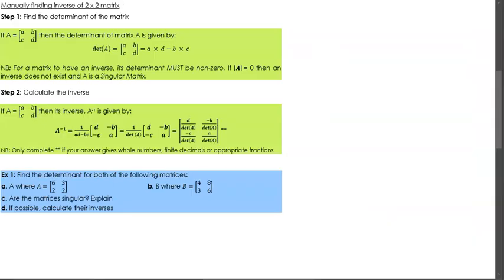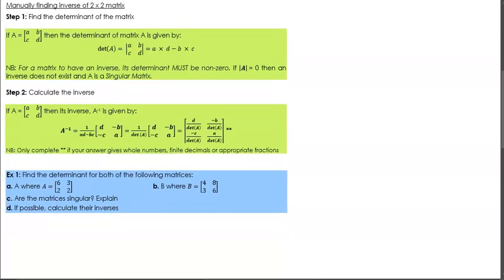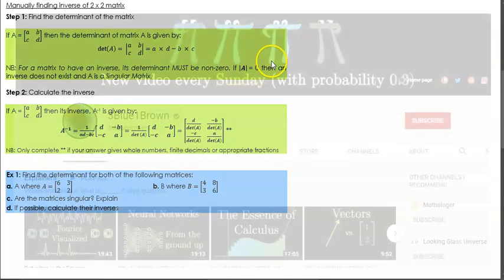So we're going to now manually find the inverse of a 2 by 2 matrix. Just make sure this is in line. All right. So step one is to find the determinant of the matrix. Now a determinant has many functionalities and uses. Again, there's not enough time to show you. There's a plethora of videos. I recommend looking up this guy.